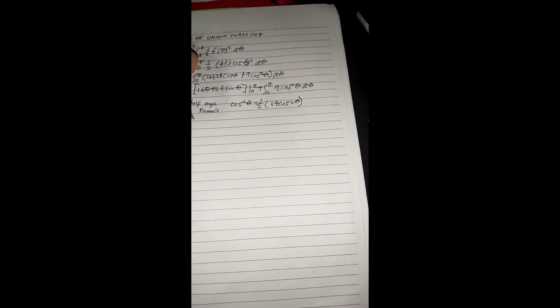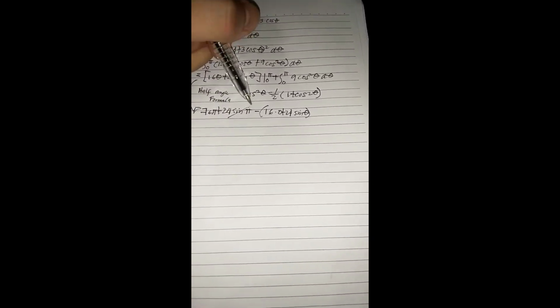So this is equal to 16 pi plus 24 sine pi minus 16 times 0 plus 24 sine 0. So 24 sine pi is equal to 0, 16 times 0 is 0, and 24 sine 0 is 0. So this is equal to 16 pi.